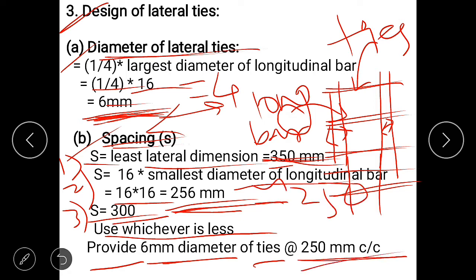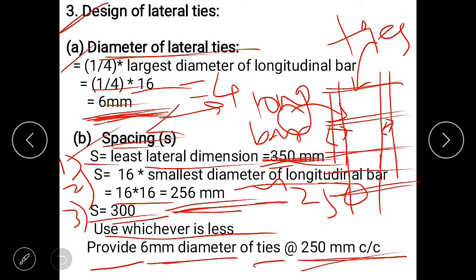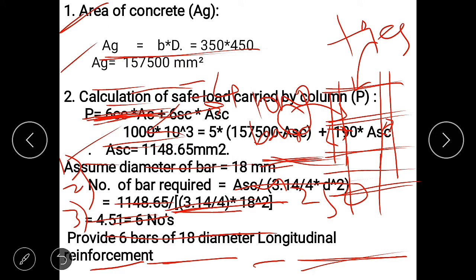So 250 is smaller. Okay, so we calculated all these things: the spacing, the diameter of lateral ties, the longitudinal bar diameter, and the area of concrete.